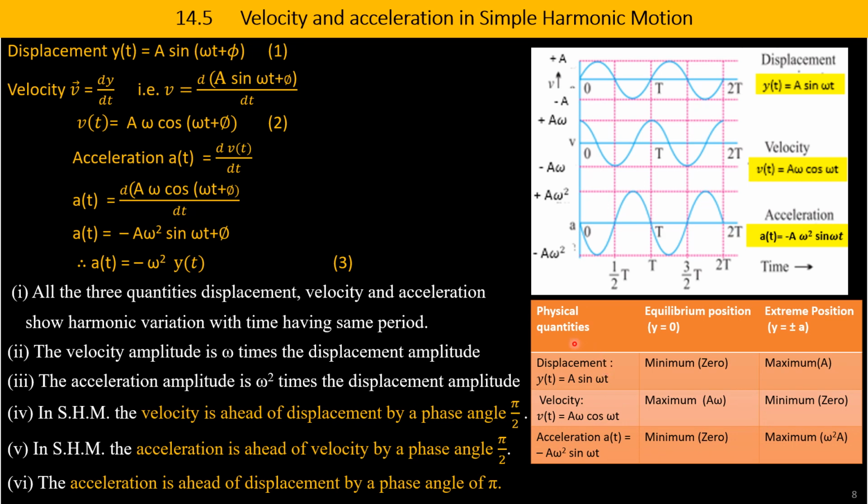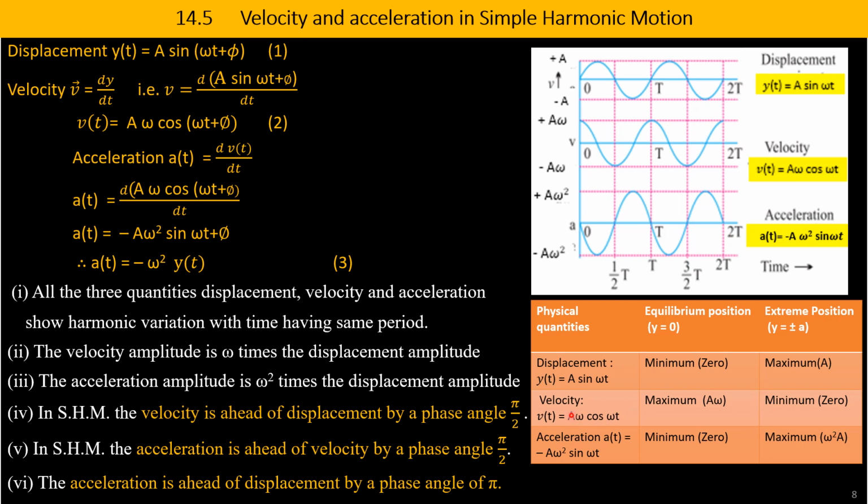Summarizing the physical quantities, displacement y of t is given by a sin omega t, neglecting the value of the phase constant as 0, that is, treating phi equal to 0. So the minimum value is 0 here. For displacement, the minimum value is 0 and the maximum is plus or minus a.